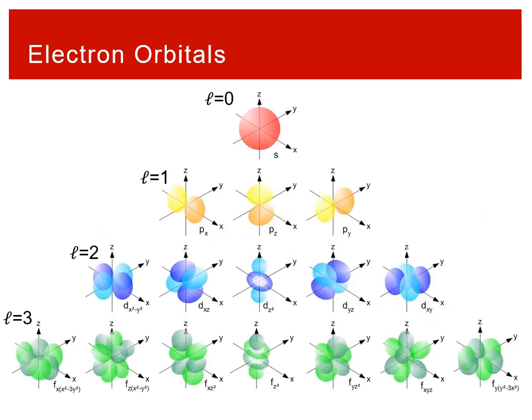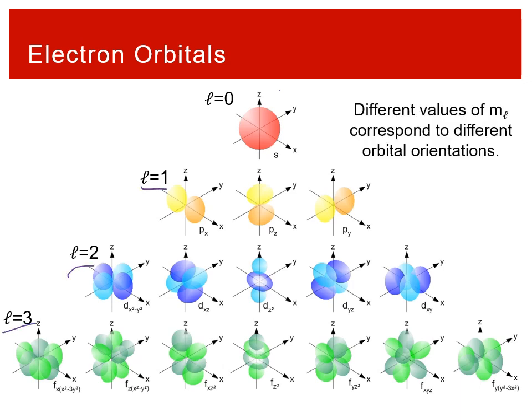Okay, so once you determine your L quantum number, that angular momentum quantum number, you determine the shape of the orbitals. So L equals 0 is S type. We can see the spheres at the top. Then we have L equals 1, L equals 2, and L equals 3.